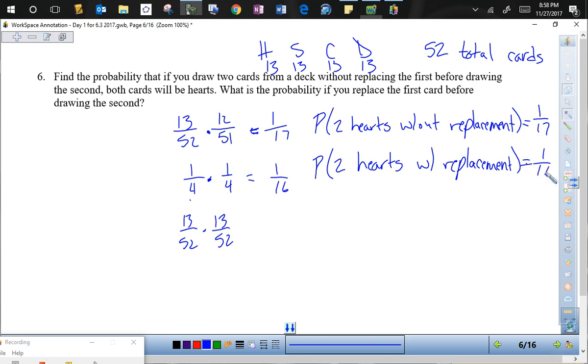You'll notice that it's more likely to get 2 hearts in a row if you put the hearts back. That should make sense to you because if you put the heart back after drawing it, there's more hearts in the deck for you to choose from and to be successful with.